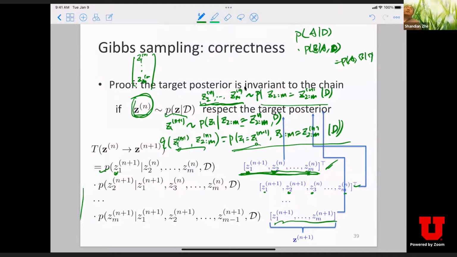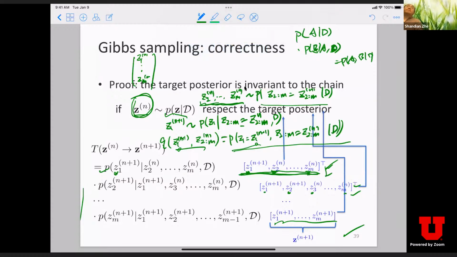And similarly, using exactly the same argument, you can show that the second intermediate state respects the true posterior. We continue until the last state, which is the brand new sample vector Zn plus 1, which will respect the true posterior.